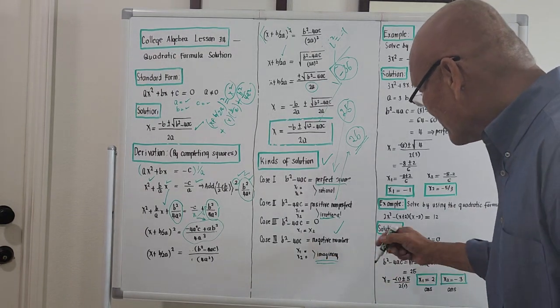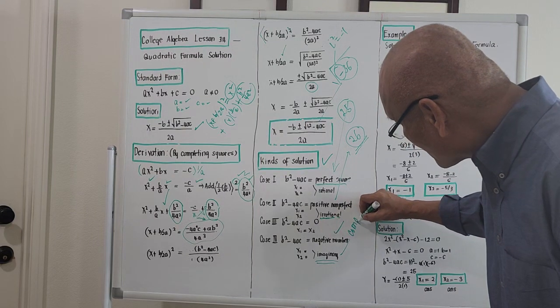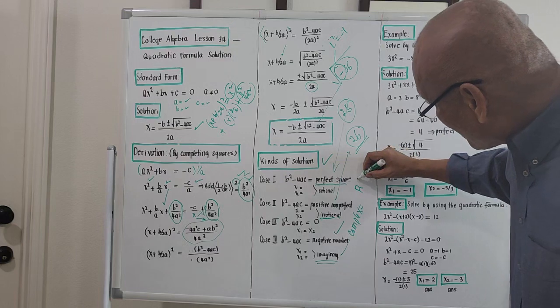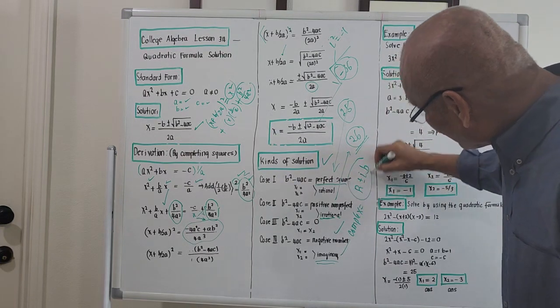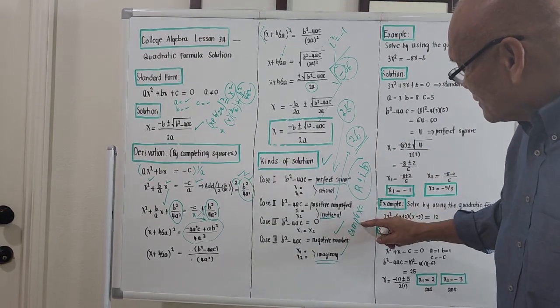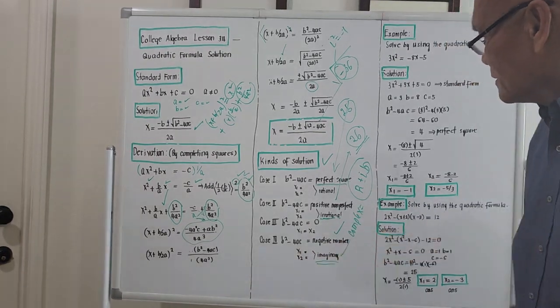Imaginary meaning complex number. There should be a real part plus or minus i times an imaginary part, something like that. So the combination of real and imaginary is complex. So x1 and x2 will be complex or imaginary.